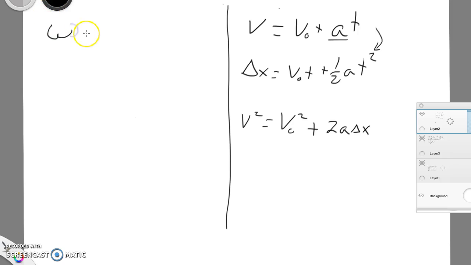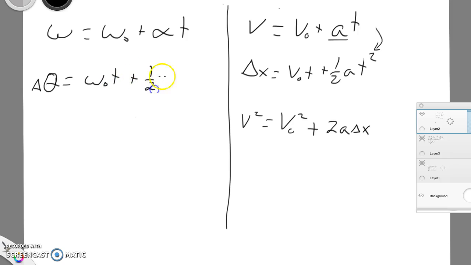The angular velocity is equal to the initial angular velocity plus angular acceleration times time. We have our angular displacement is equal to our initial angular velocity times time plus 1/2 times alpha t squared, and so on. We get our final angular velocity squared equal to initial angular velocity squared plus 2 times alpha times delta x.